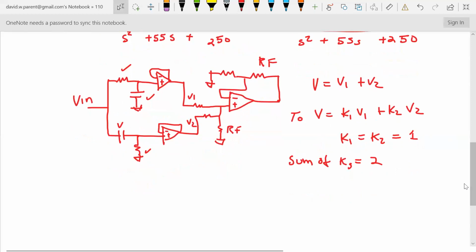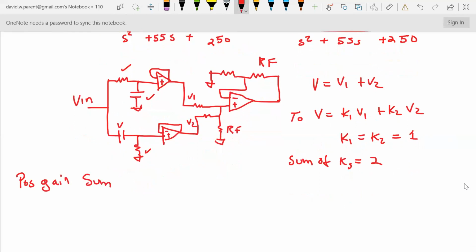So I'm going to relabel it. The positive gain sum equals 2. We need the negative gain sum to be 2. All right?